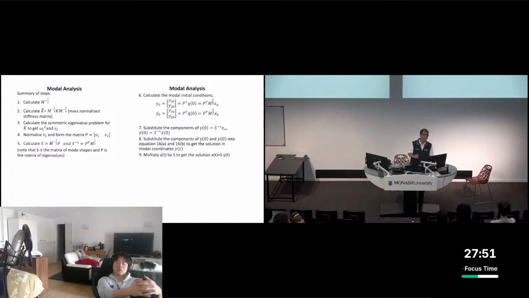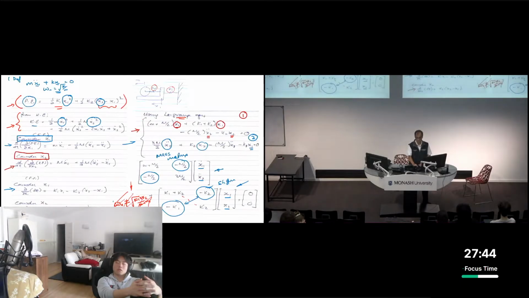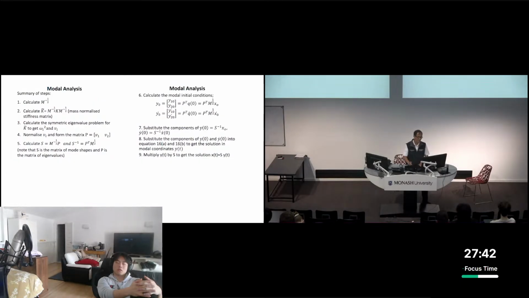Okay. Now, it is one thing to be able to derive the equation of motion, but what we would like to do is, from the equation of motion, we want to solve them. Because ultimately we want to determine the dynamic response of this mechanical system.